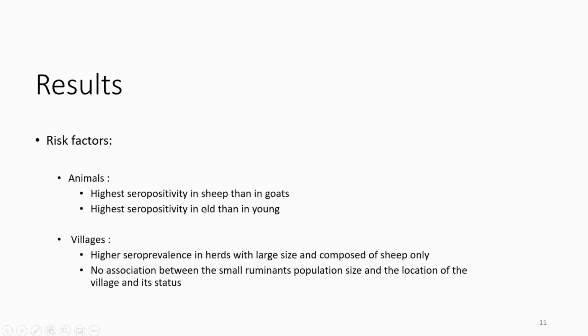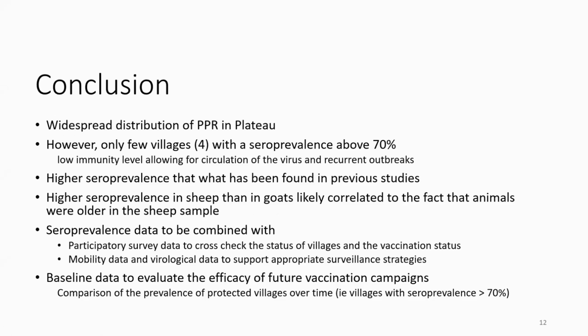And just like I also said in old and young, there was also a higher prevalence in herds with larger size composed of sheep. This justifies the fact that they stay long, so seroprevalence will be high due to their longevity on the farm. And there was no association between small ruminant population size and location of village and its status.